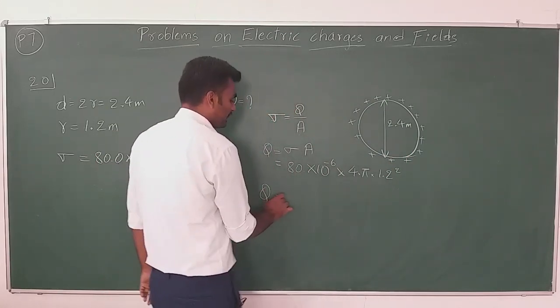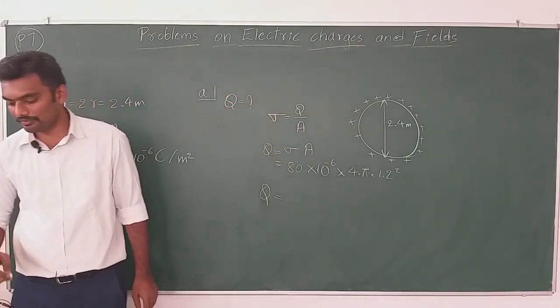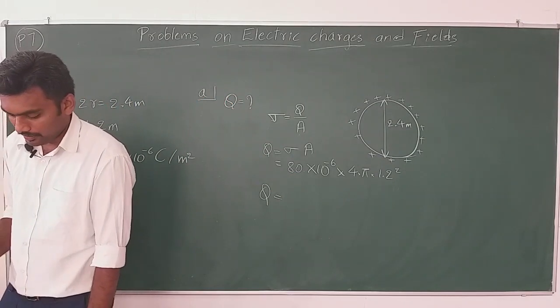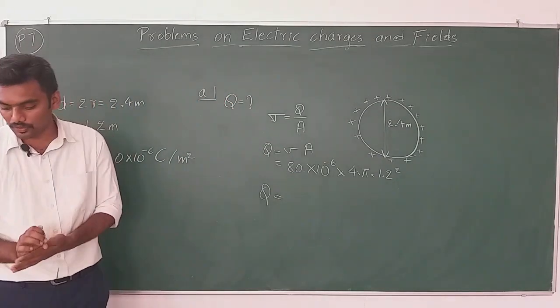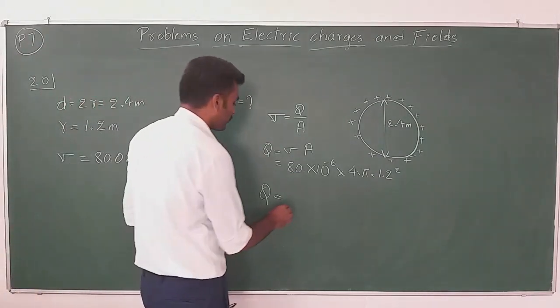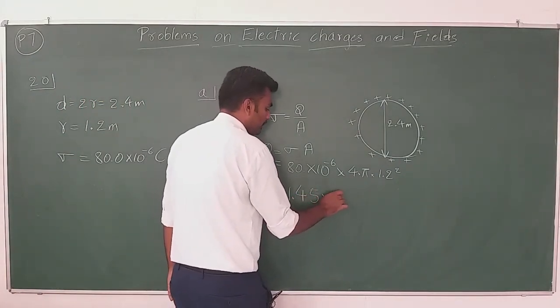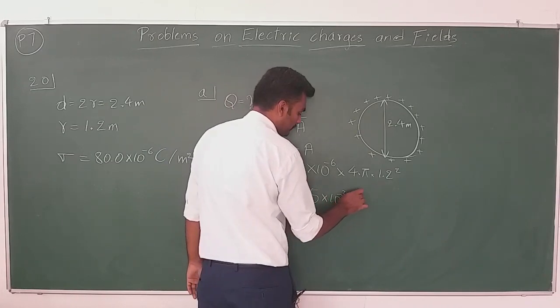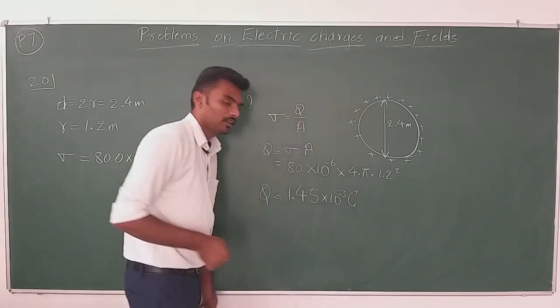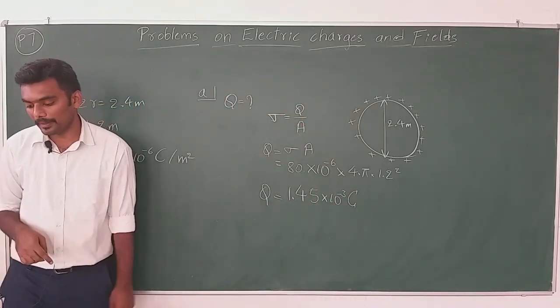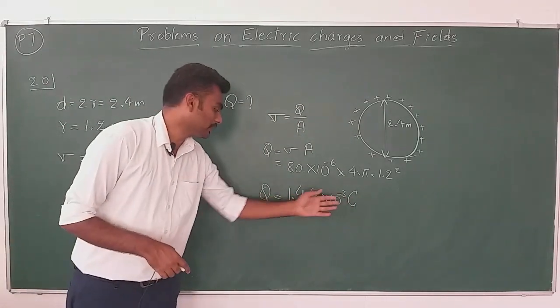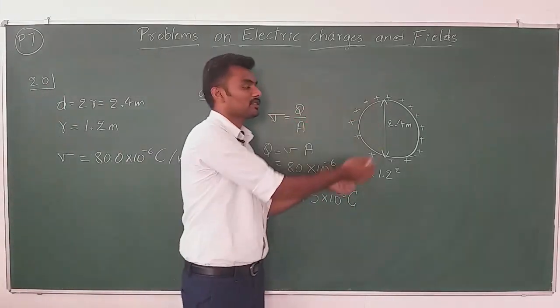After simplifying this, we will get the total charge Q equal to 1.45 into 10 to the power of minus 3 coulomb, not micro, it is milli. So 1.45 millicoulomb. This is the total charge on the surface.